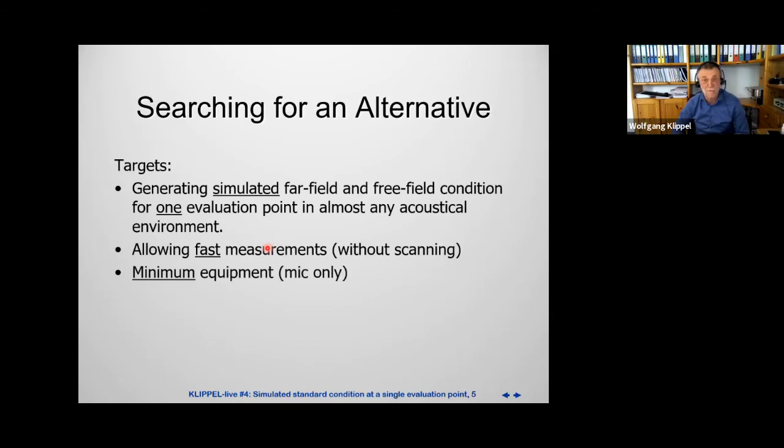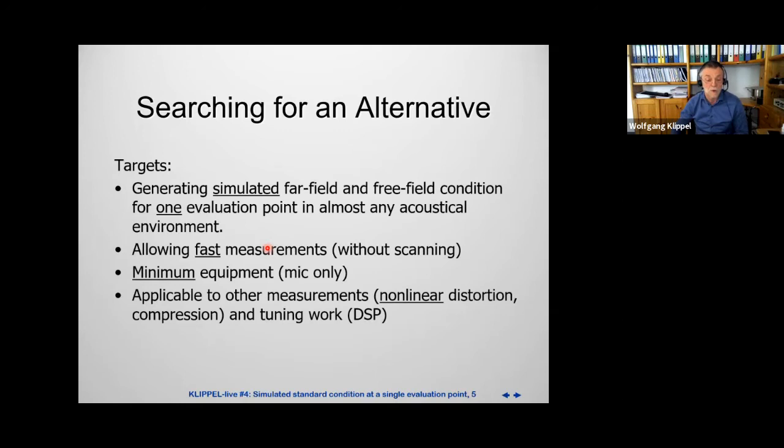A minimum equipment, one microphone, and of course, we would like to support other measurements like nonlinear distortion measurement, compression, and tuning DSP. And of course, later on, we will use the same technology to decompose more or less the sound field here at my ear and to use that for perceptual evaluation.